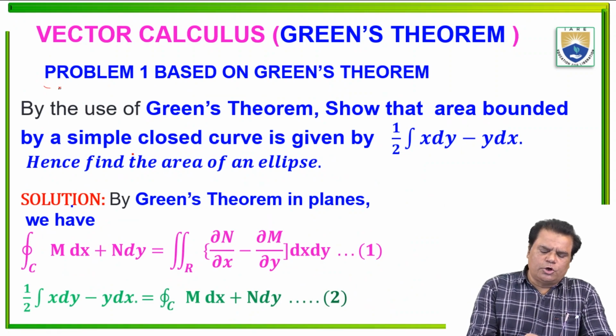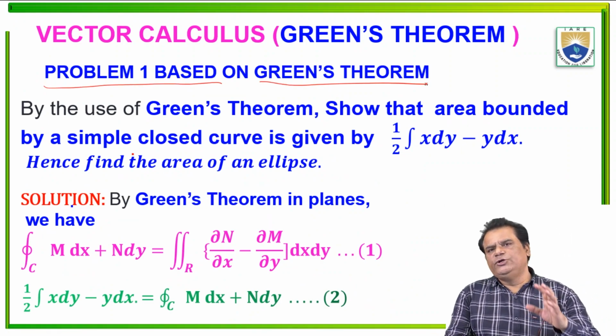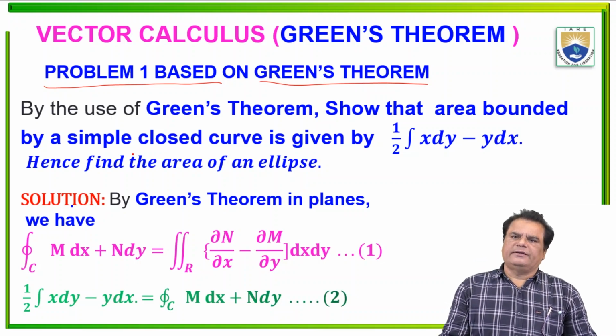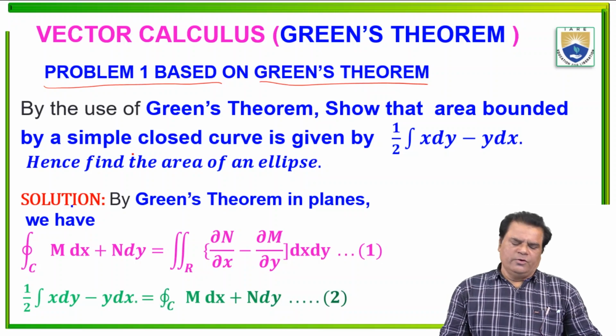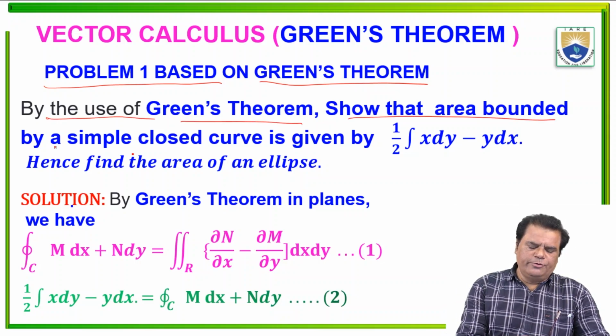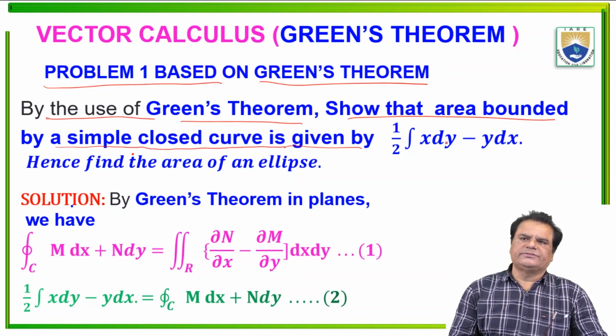Now we want to solve one problem based on Green's theorem. How can we use Green's theorem in our problem? So I want to discuss it here in detail. Why do we use Green's theorem? So that the area bounded by a simple closed curve C is given by this.